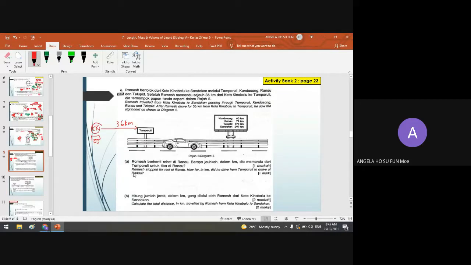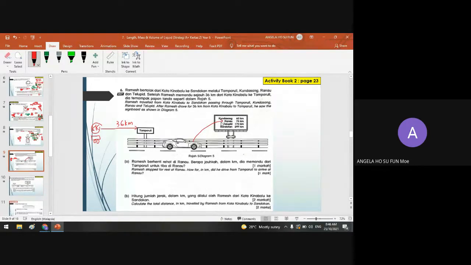All right. So A, what does the question say? Ramesh stopped for a rest in Ranau. How far in kilometer did he drive from Tampaluri to arrive at Ranau? If you are now in Tampaluri, you look at here, go to Ranau.